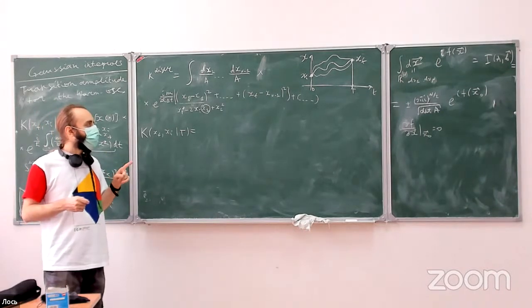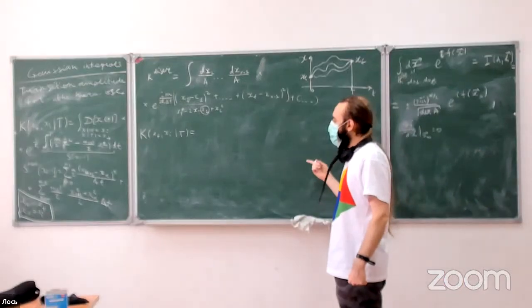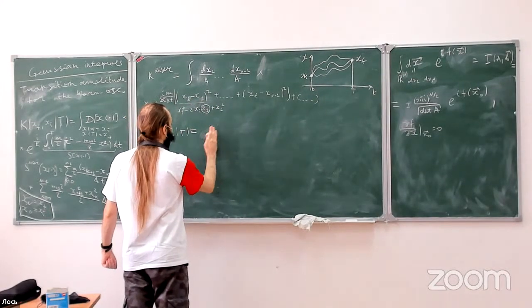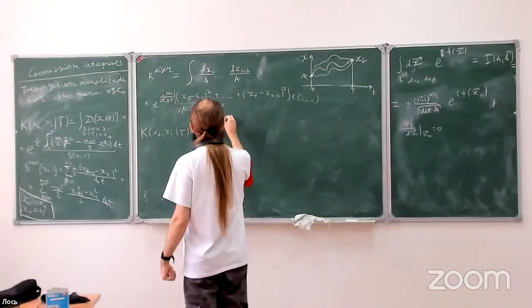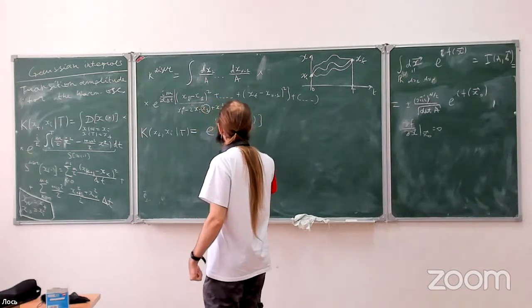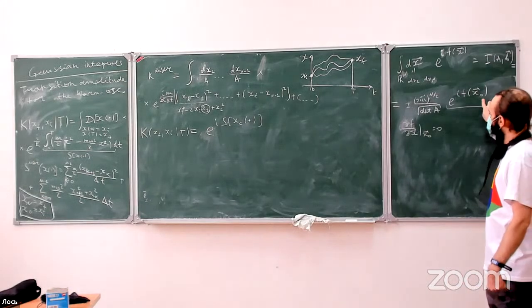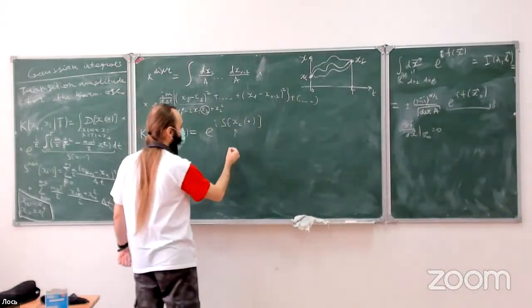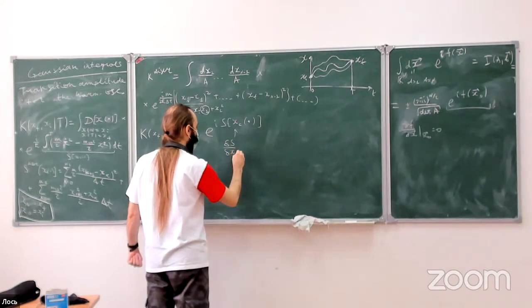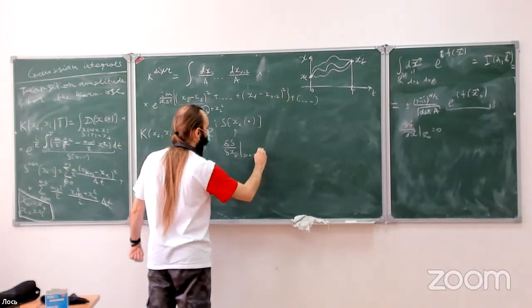And okay, so let us apply this formula. We know that it equals E times I S over h bar at x classical, which corresponds to this f of x0, where this x classical is defined by the variational equation: delta S over delta x for x equals x classical should be 0.